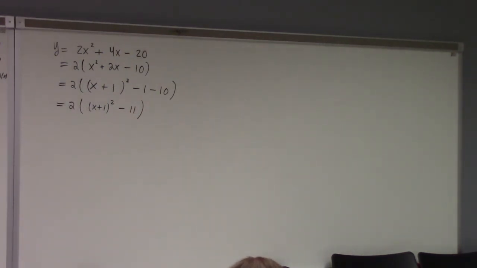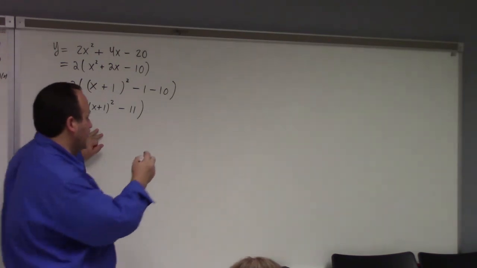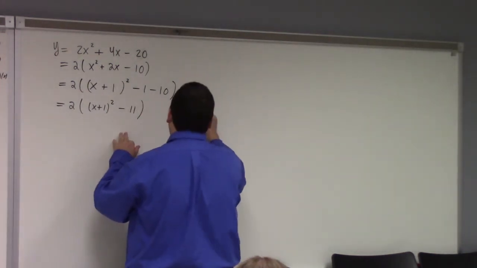So what's the vertex? Minus 1, minus 11 would be incorrect. It was a trap. The reason I was doing this is because I want you to be aware of this issue. This is not vertex form yet. Vertex form is this.